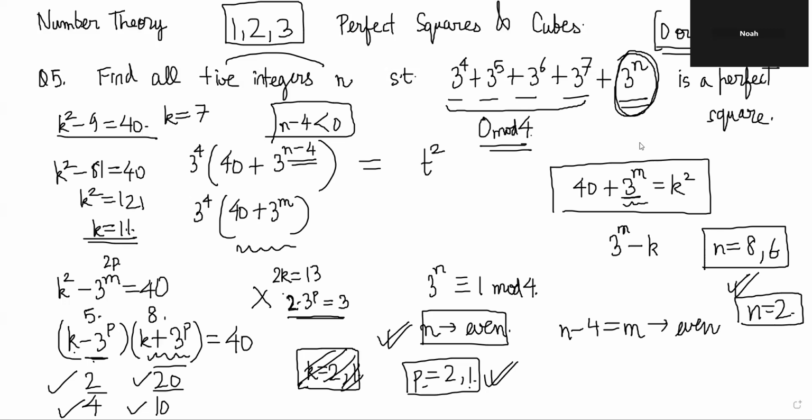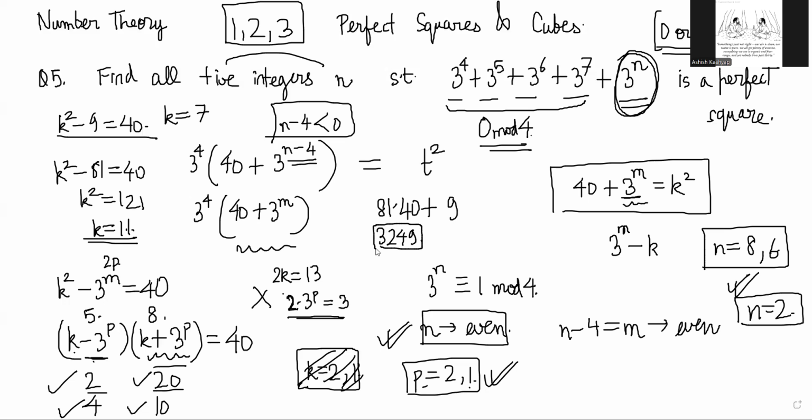So n is equal to 2, if you put it, you will get 40 plus 1 by 9 multiplied by 3 power 4. So 81 into 40 plus 81 by 9. So this is 3249, which is a perfect square, I think.